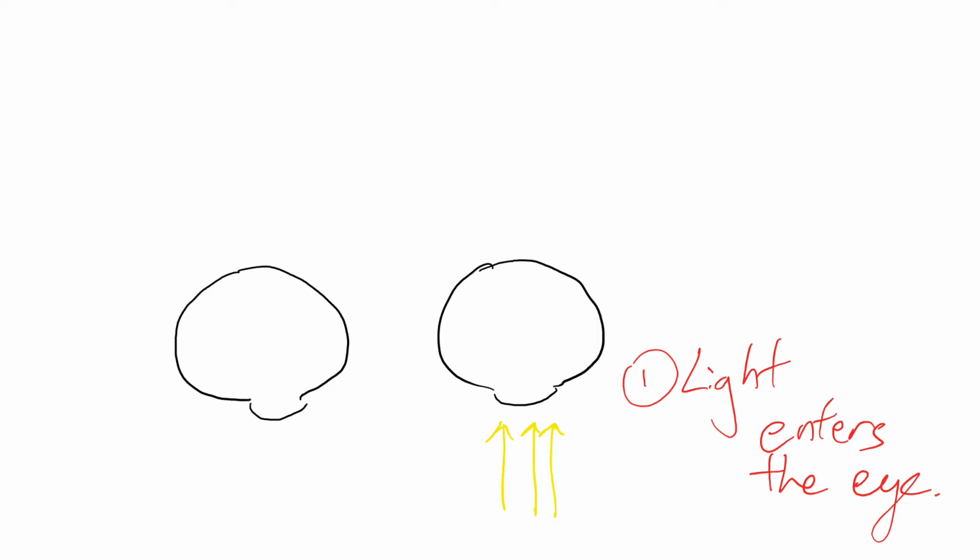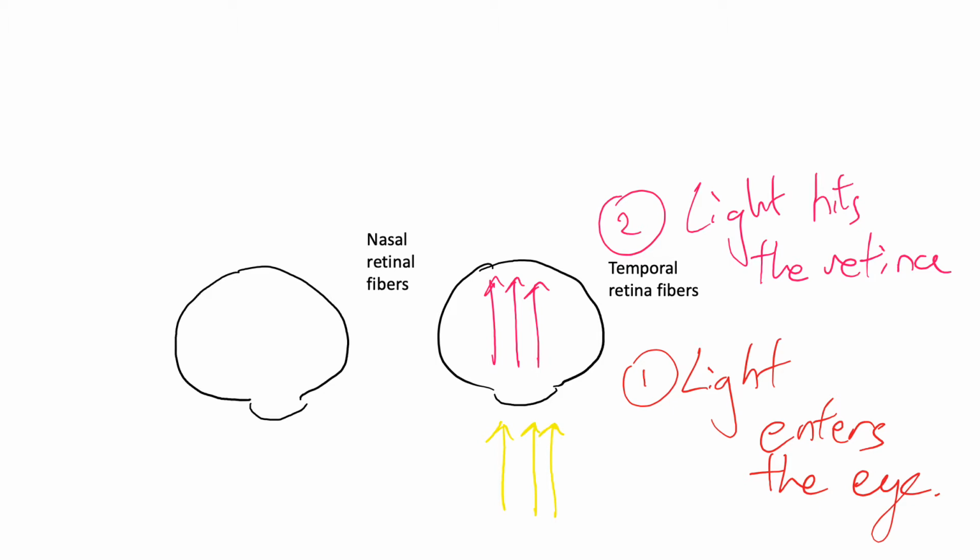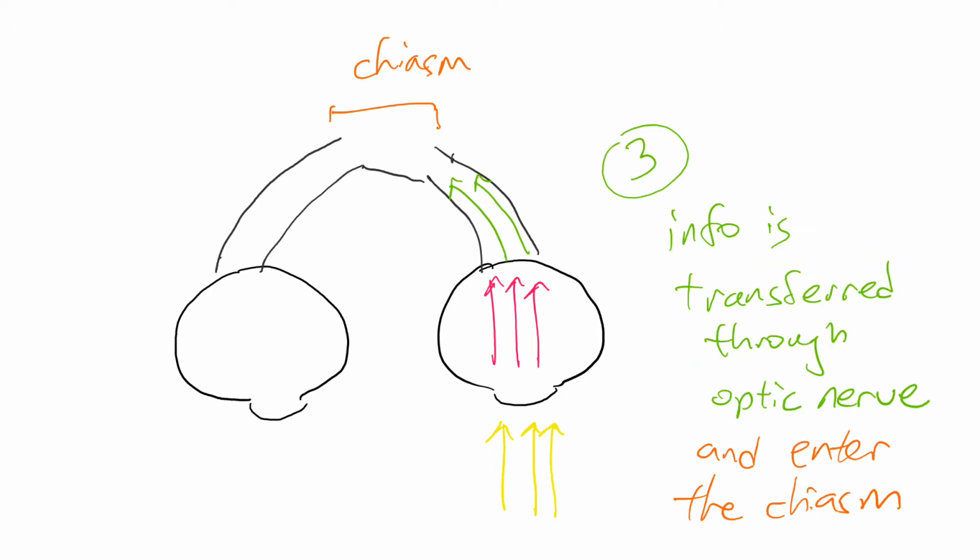Now, let me take your attention to the right eye and the left eye, where light is entering, in this particular diagram, the left eye. The light enters the pupil in the left eye, and then it strikes the retina, where it strikes the nasal retinal fibers, and there is also the temporal retinal fibers.